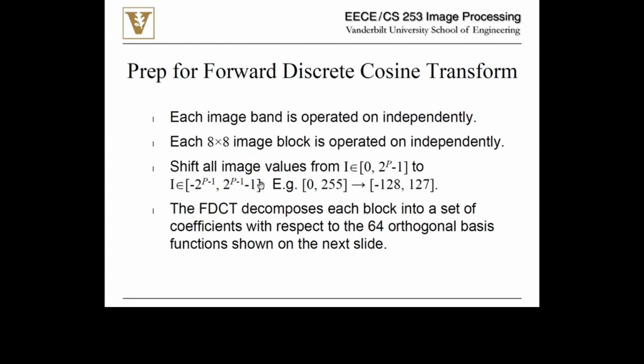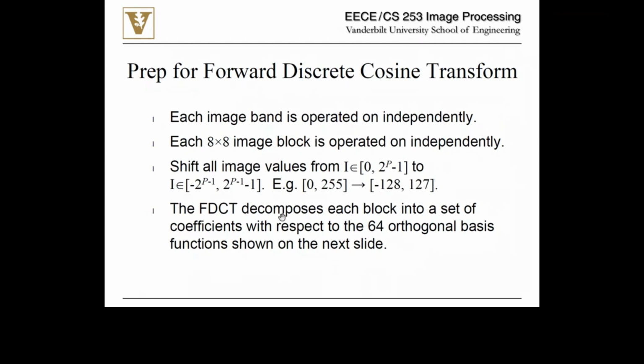So if they go from 0 to 2 to the p minus 1, where p is the number of bits, which is 8 typically, you subtract 2 to the p minus 1. So now you go from -2 to the p minus 1 to 2 to the p minus 1 minus 1. So you go from 0 to 255 to -128 to 127. So you center it at 0.